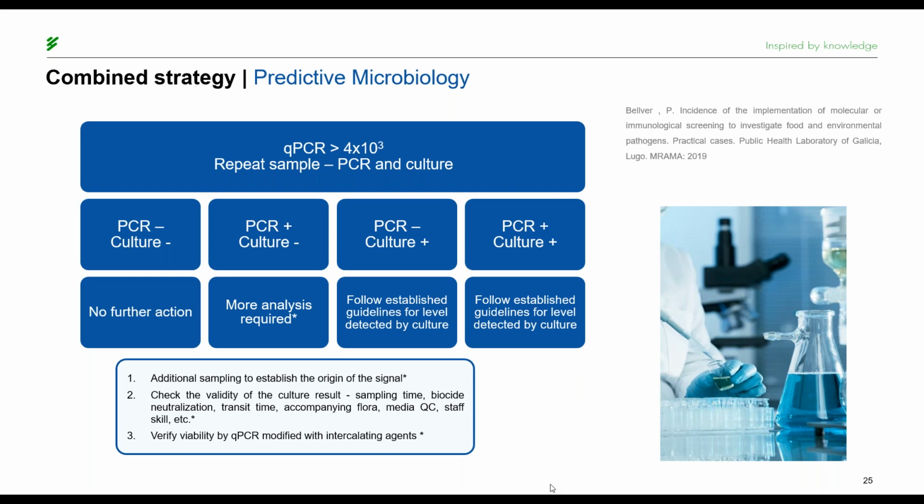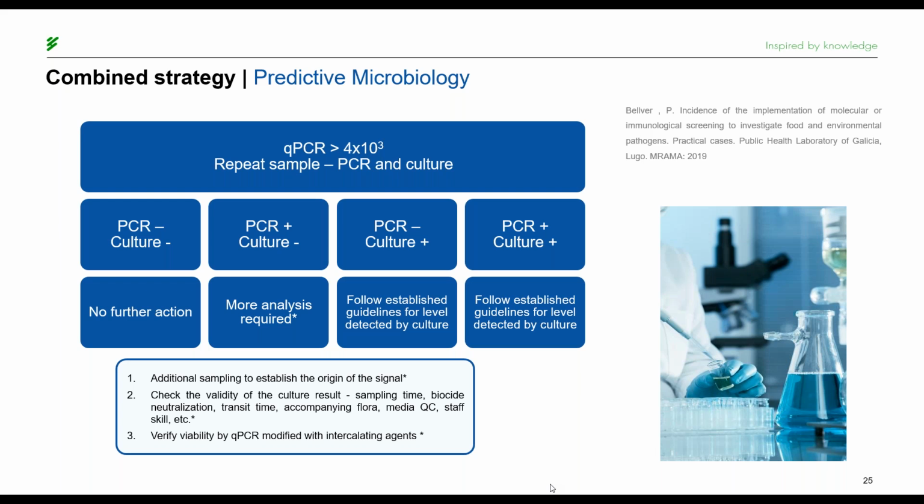So in this specific case, we can assume that we found a sample with a qPCR result higher than allowed. Paloma then proposes repeating the PCR to make sure that the result is accurate, as there can sometimes occur some problems, and at the same time starting to culture the sample, for which we would already have it ready and treated, so we have this time reduced of the treatment of the sample.